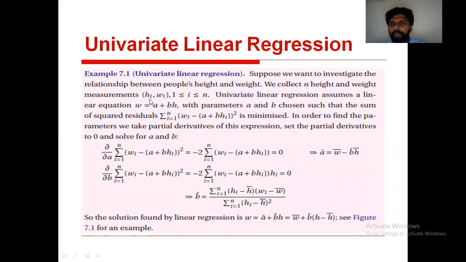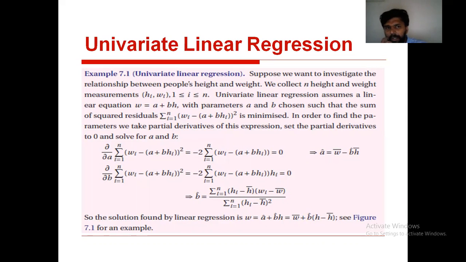Height is represented by hi and weight is represented by wi. Here the i value should always be between 1 and n. I already told you there are 5 instances. Here the i value begins from 1, and in that case the n value is 5.